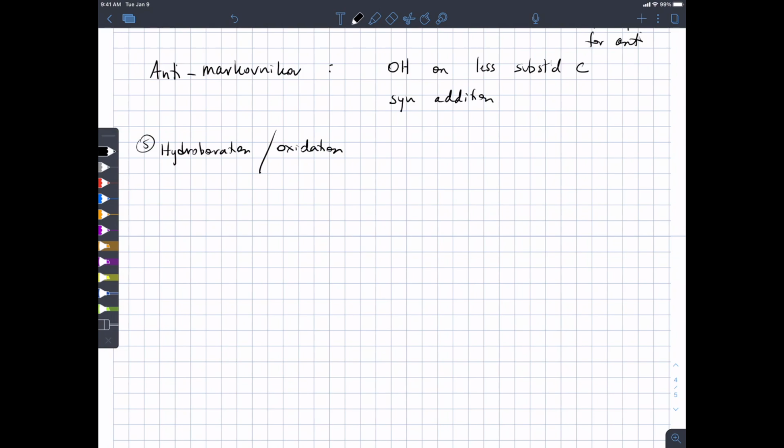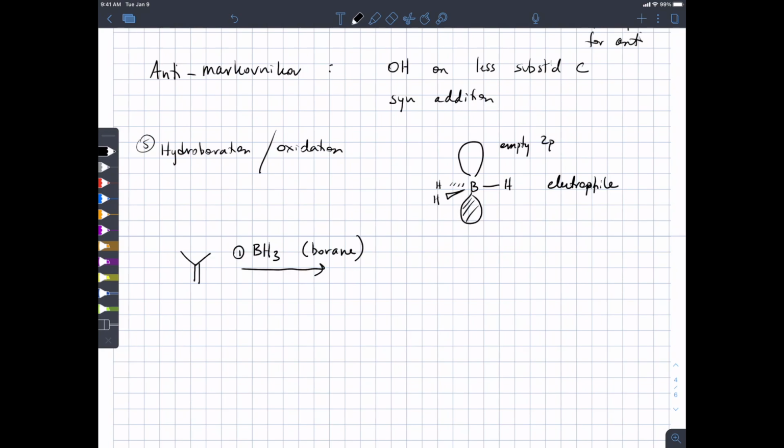So let me show you an example of this reaction. This will demonstrate the regioselectivity issue. The first step of the reaction is to use a molecule called borane. Boron is just before carbon on the periodic table. When neutral, it is only bonded to 3 things. Borane is an electrophile. The empty orbital that can accept electrons is the p orbital on boron.